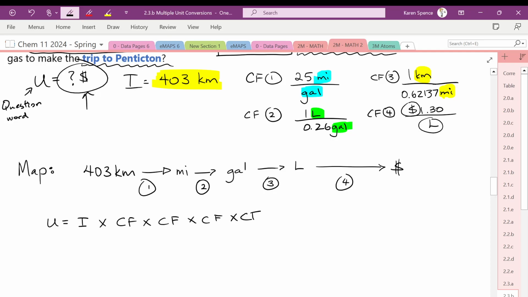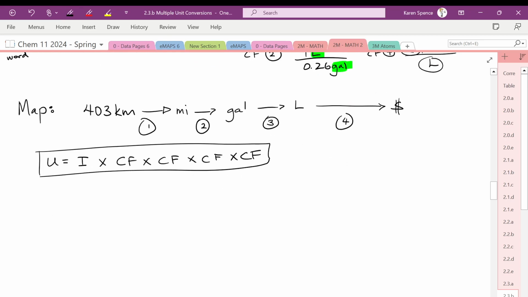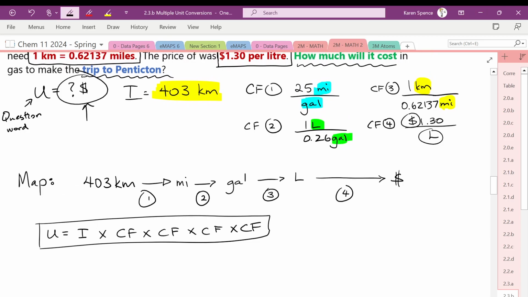Do you need to write this bit here? The answer is no, but if it reminds you that you need to multiply by 4 things, you can do that. So how many dollars is equal to 403 kilometers, my initial quantity?